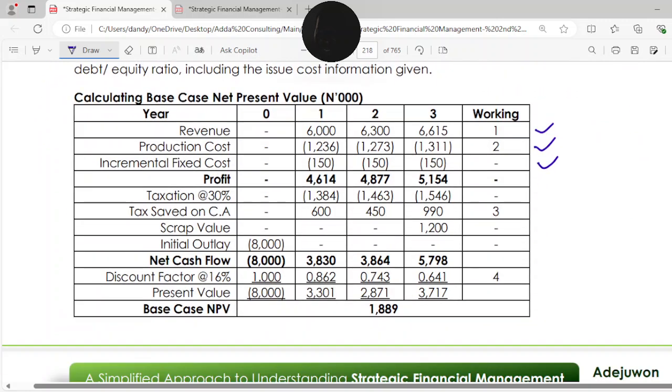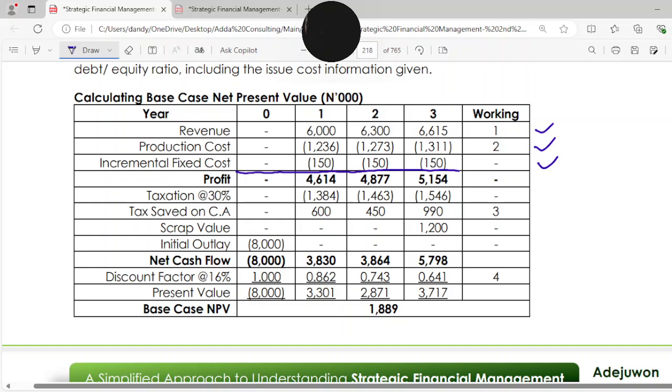So if that is the case, we need to determine the profit. I will then add up all the numbers together. When you add up, you have 1610, 4614, 4877, and 5154. That's the profit. Immediately after profit, remember we are following a format.